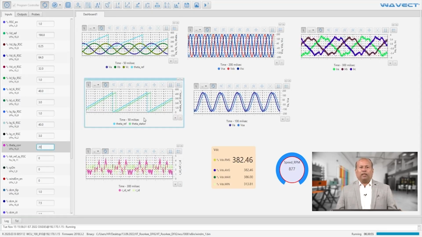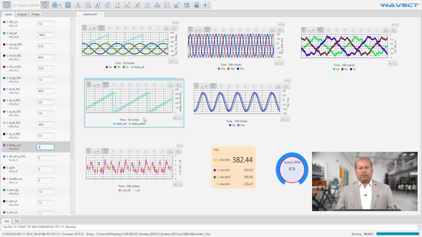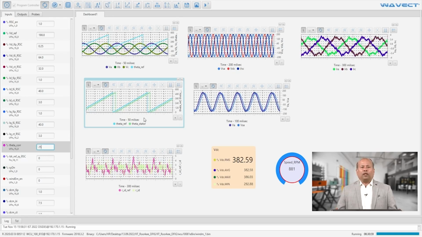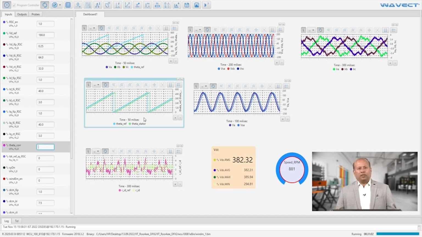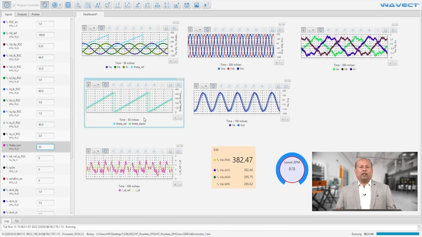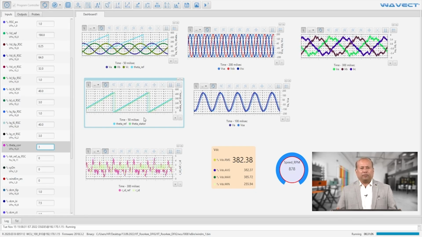The slip is varied plus or minus 30%. So, a small current injected to the rotor side results in a larger voltage across the stator.